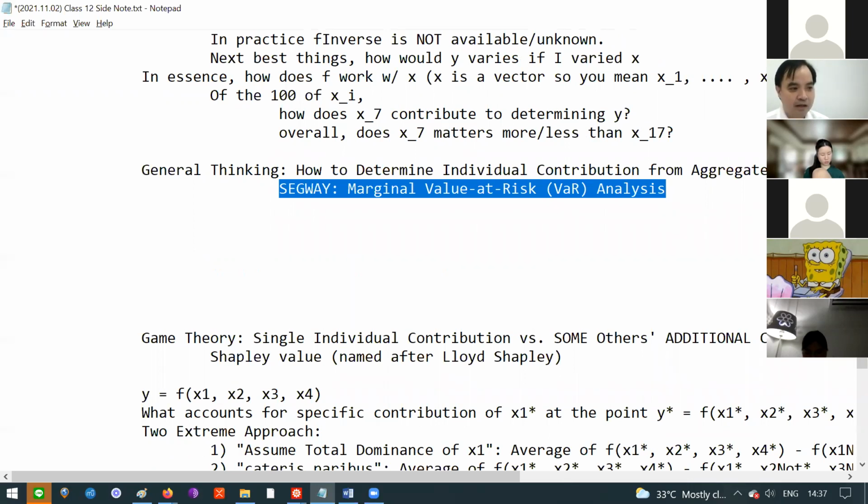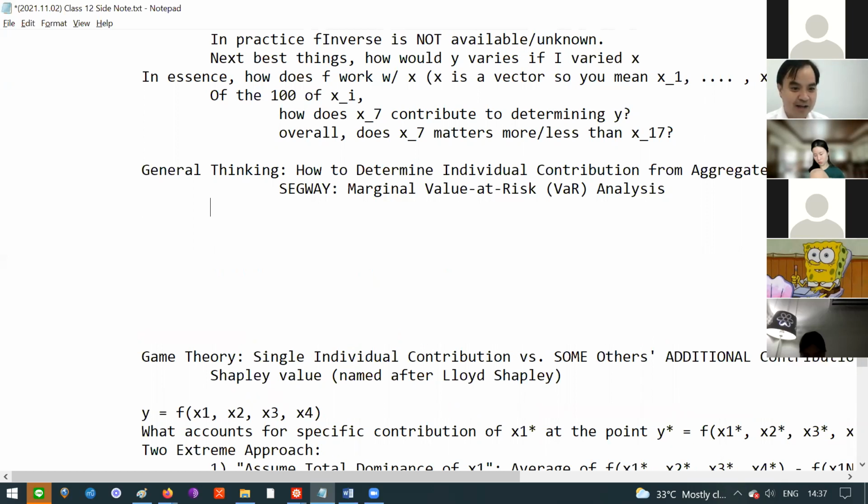If you have investment in 100 assets, the value at risk is like a measure of your risk, sort of like loss. And you want to say, well, how much of it depends on this particular stock that I just bought this morning? So you can compare maybe calculation of value at risk with or without, okay?